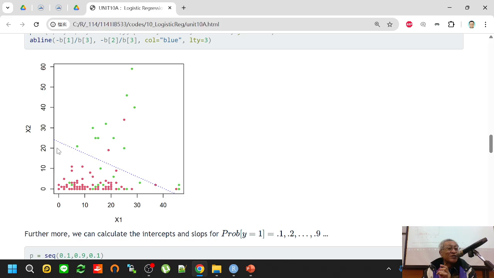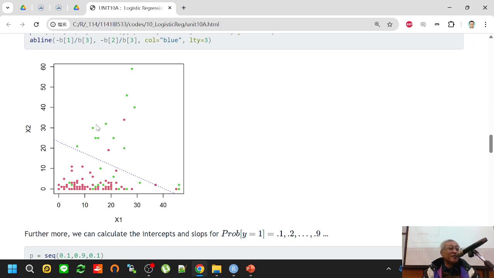So this line is where logit equals 0, which means that the odds would equal 1, which means the probability would equal 0.5. So this line represents the points where the estimated probability of y equal to 1 equals 0.5.